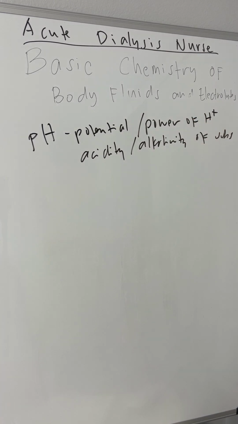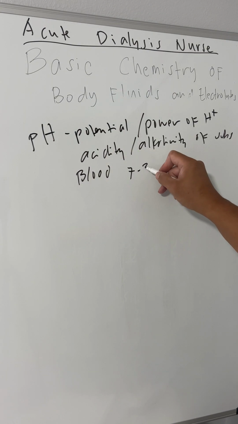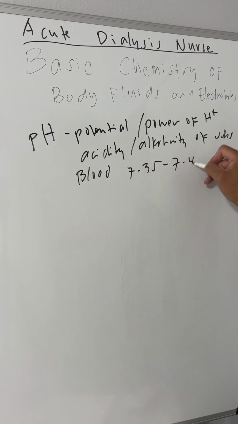So the blood normally has a pH of 7.35 to 7.45. Now, why is this important during dialysis?